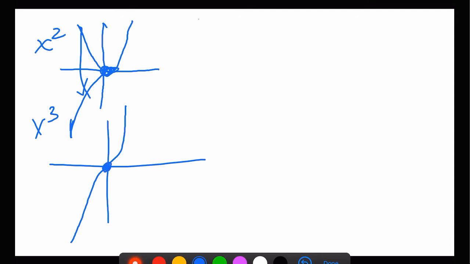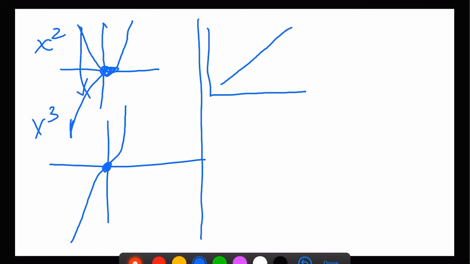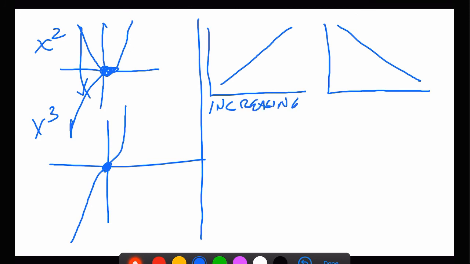And then you can imagine what other things are going to look like. Okay? Some other things about functions. That's an increasing function because it goes up. And this is a, yeah, you got that, decreasing function because it goes down.